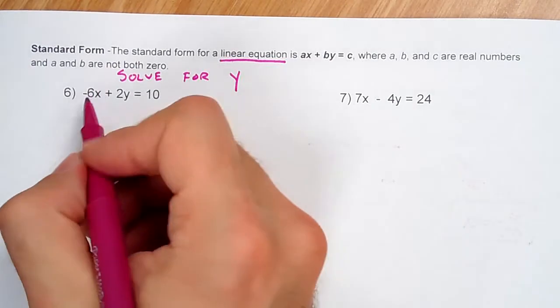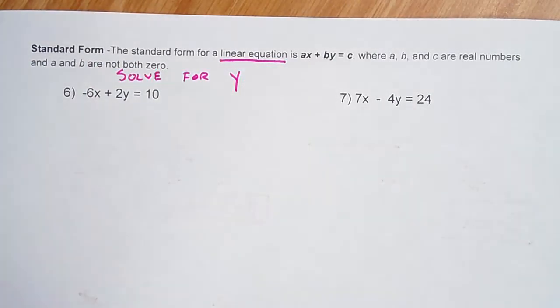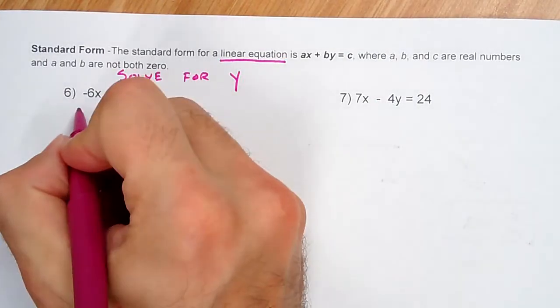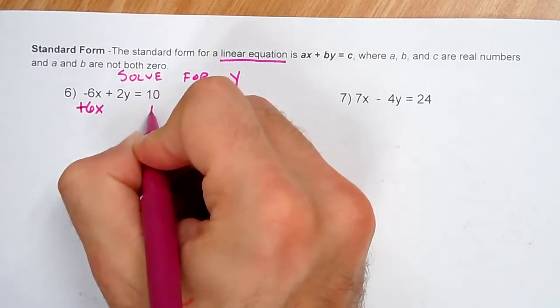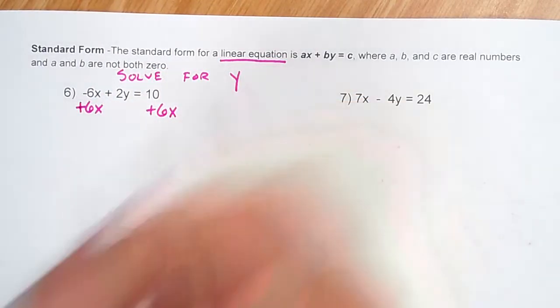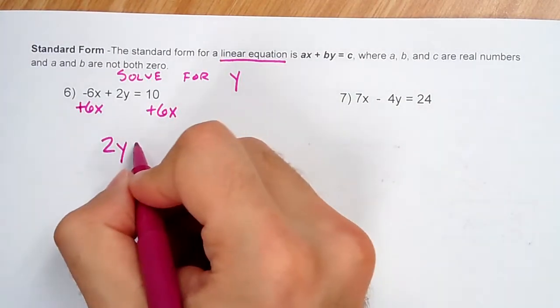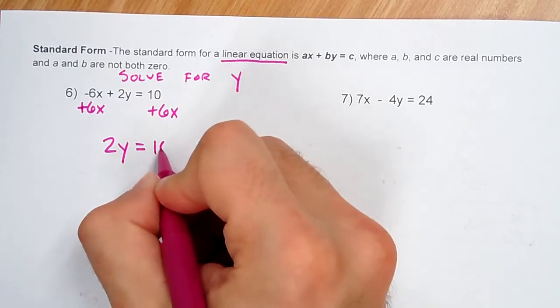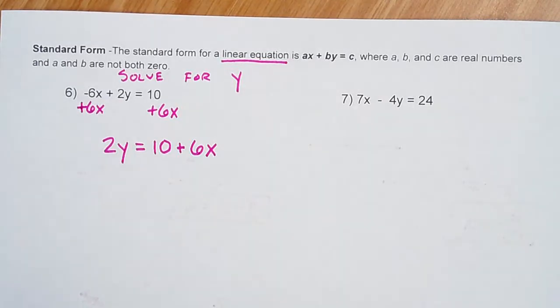Okay, so we have negative 6x plus 2y equals 10. The first thing we have to do is move that x term to the right side of the equal sign. Because this is minus 6x, we're going to add 6x. That leaves me with 2y equals 10 plus 6x.